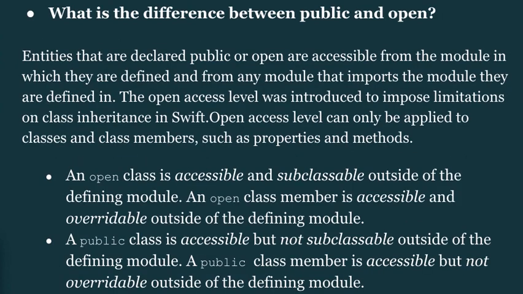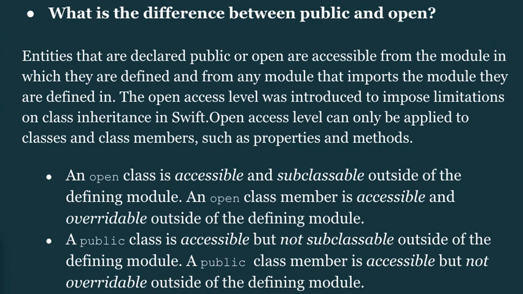What is the difference between public and open? Entities that are declared public or open are accessible from the module in which they are defined and from any module that imports the module they are defined in. The open access label was introduced to impose limitations on class inheritance in Swift. The open access label can only be applied to classes and class members such as properties and methods.